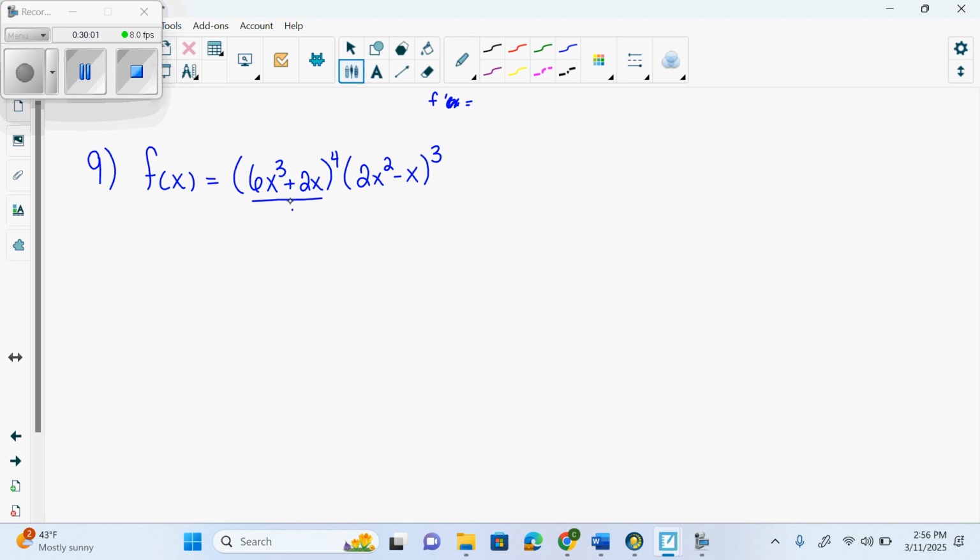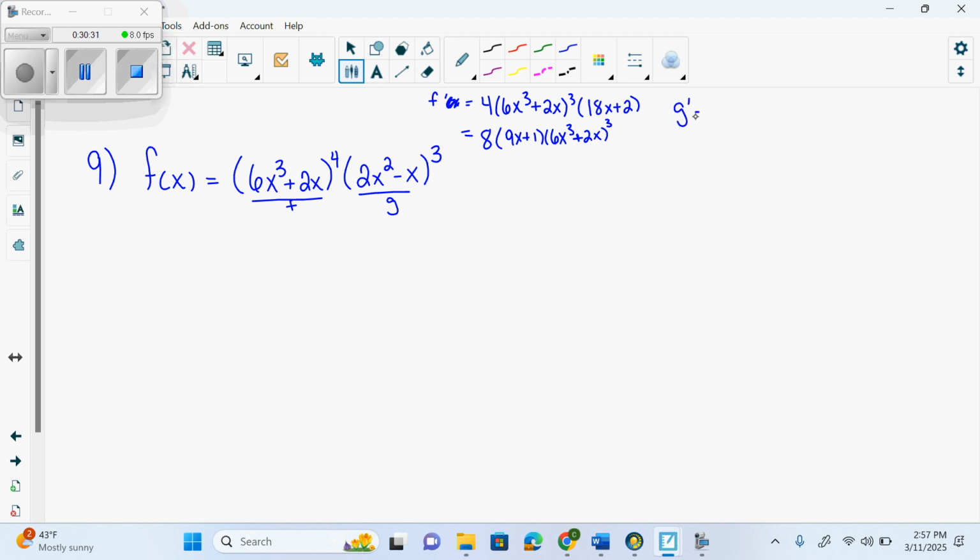F, G. F prime is 4, bracket, 6x cubed plus 2x to the 3. And then I get 18x plus 2, which I can reduce to make the 2 join the 4, make it an 8. And then do 9x plus 1. And then do 6x cubed plus 2x to the 3. And I don't touch that.